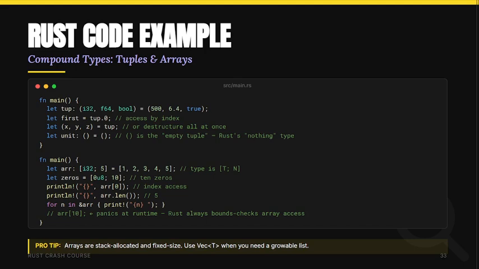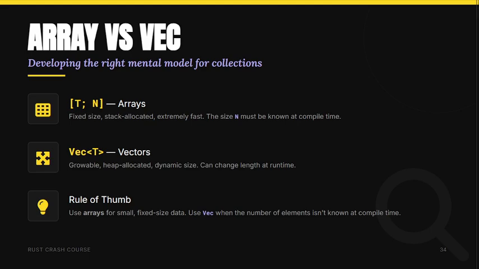Pro tip: arrays are stack allocated and fixed size. Use Vec when you need a growable list. Now let's see the comparison between array versus Vec. Arrays are fixed size, stack allocated, extremely fast. The size N must always be known at compile time.